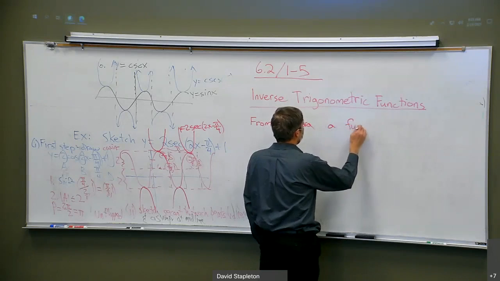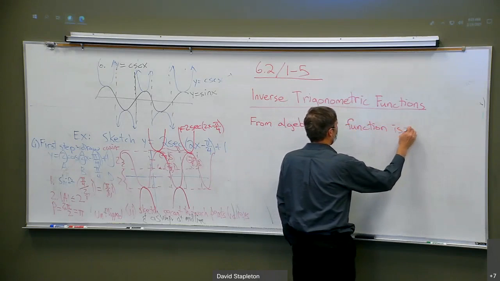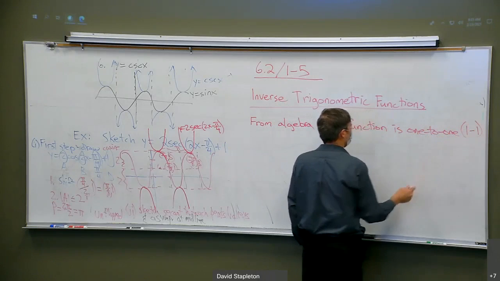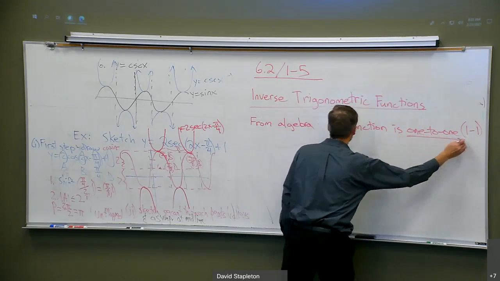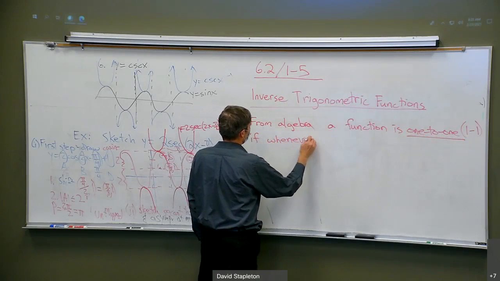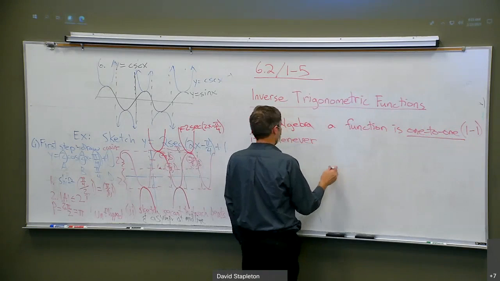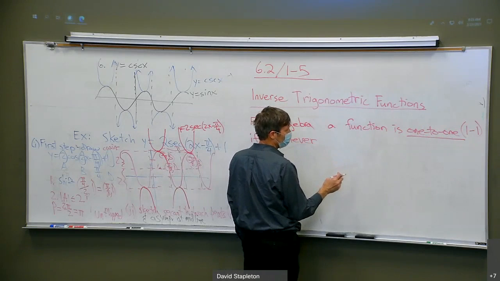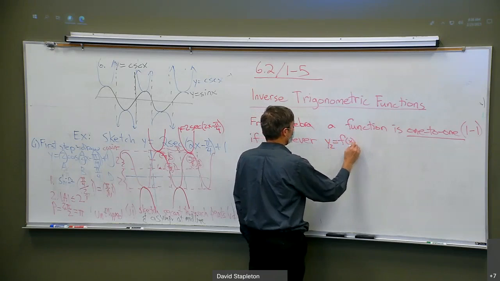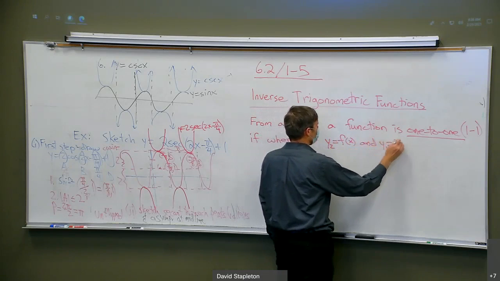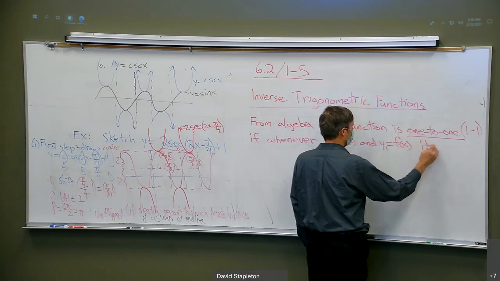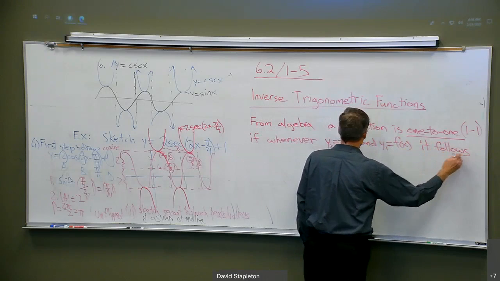A function is said to be 1-to-1, sometimes written for brevity as 1-1, if, whenever, this is very abstract here, but it has a real obvious meaning, if whenever y2 equals f of x and y1 equals f of x, for some value of x, it follows then that y2 equals y1.